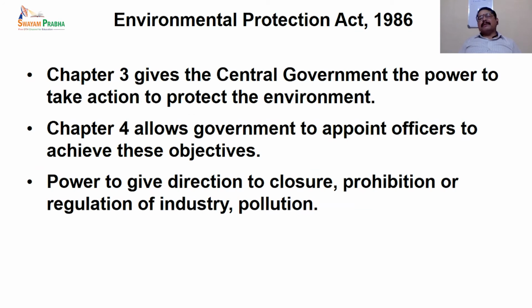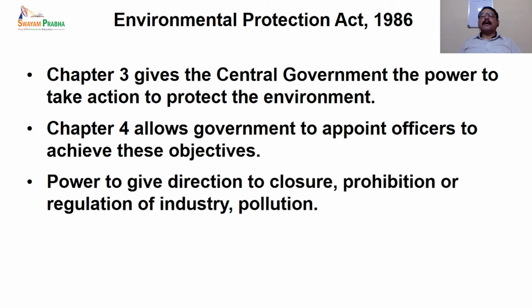Coming to chapter 3, it gives the central government the power to take action to protect the environment. It can declare any area as a wildlife sanctuary or a natural reserve, and it can stop an industry if it is letting out pollution.